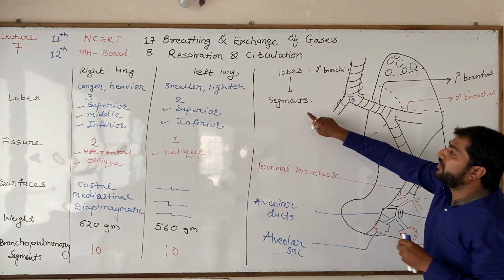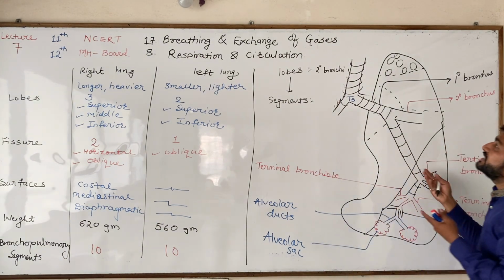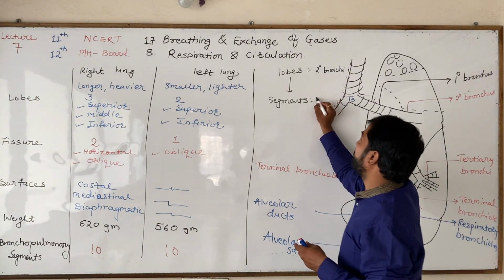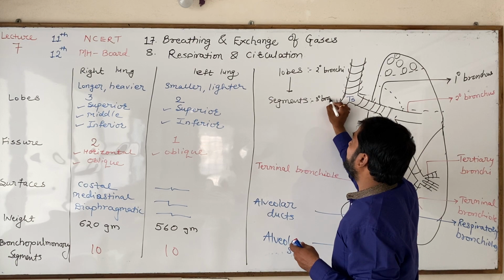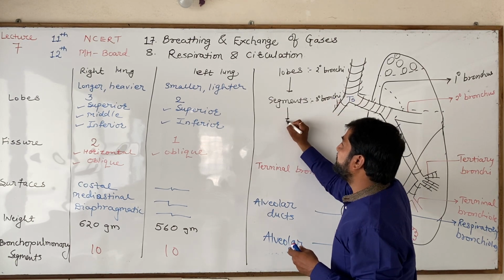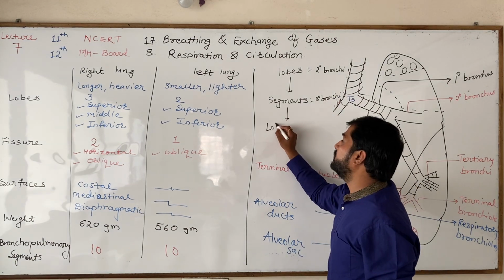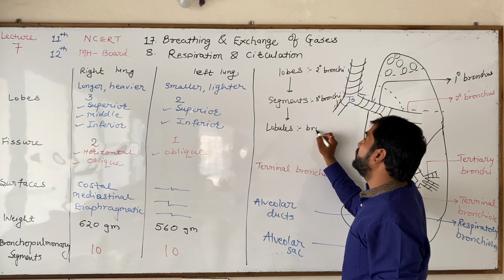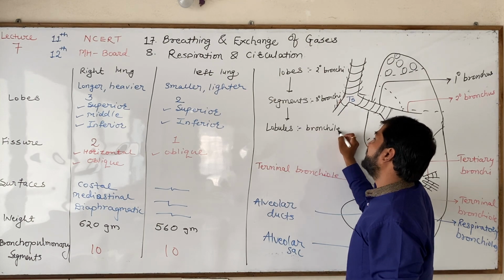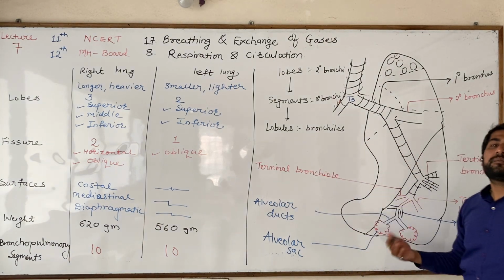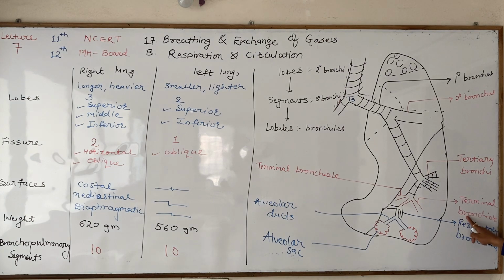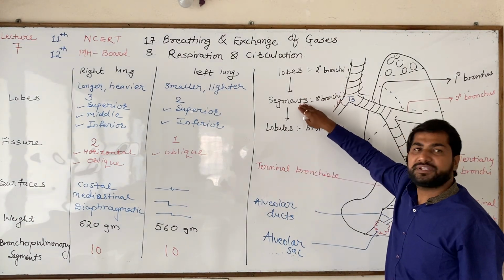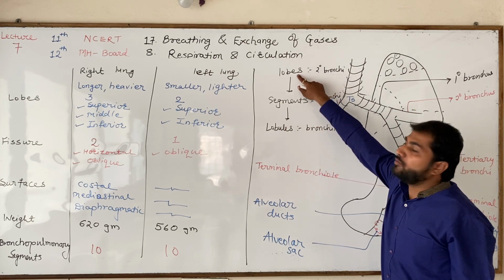In the segment, air is supplied by tertiary bronchi, and segments are divided into lobules, to which bronchioles supply air. That is, terminal bronchioles supply air to lobules. Lobes are divided into segments, which are divided into lobules.